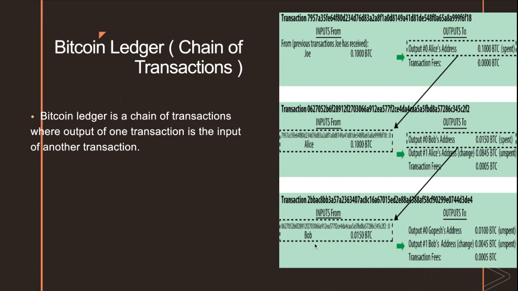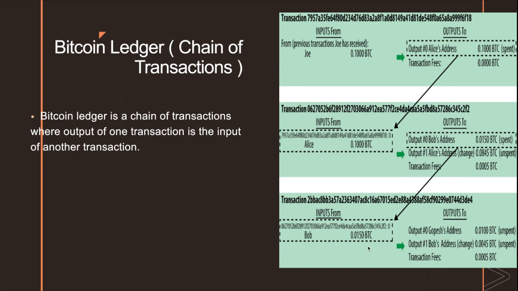Now Bob, in the new transaction, will refer to the previous transaction output, so he can spend his bitcoins, which are 0.015, and send them to some other people. In the final transaction, in the first output he's sending 0.01 bitcoin to a user named Gopesh.